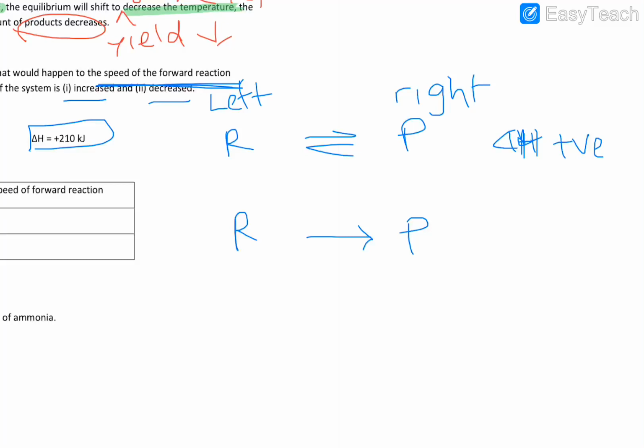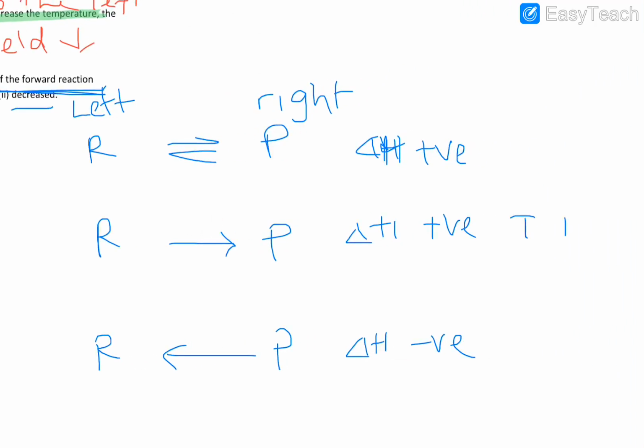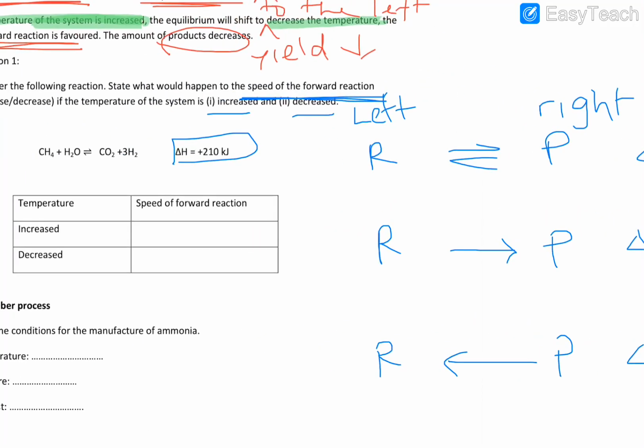So this is going to be positive, which means that the reverse is going to be negative. If this is positive, it means temperature goes down because this is endo, and this is negative, it means it's exo, which means the temperature goes up here. So we have two different things here.